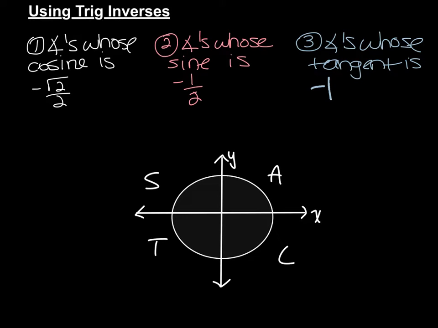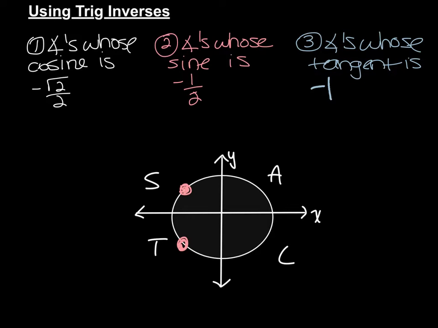If it doesn't tell you the interval and you're finding the cosine of an angle and the answer is negative, our answer is going to be coming from the second quadrant. You're always looking for the smallest or the positive angle. So looking at this example, we know that it could be in the second or the third quadrant.